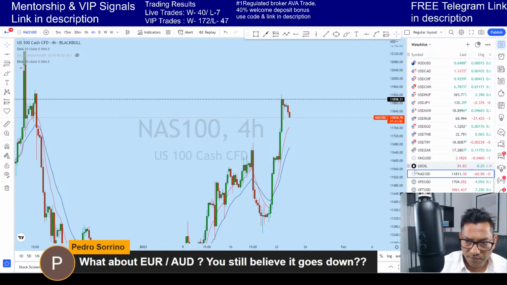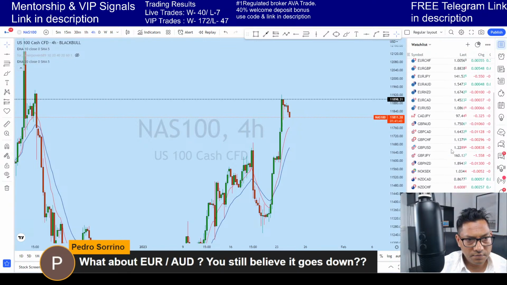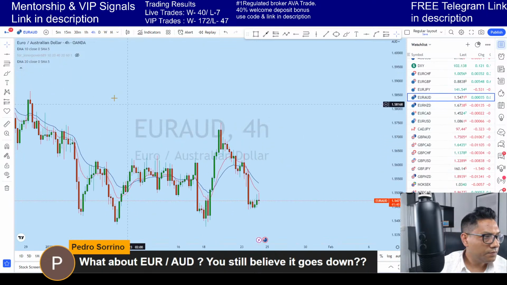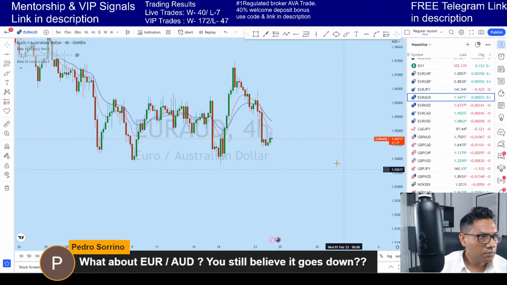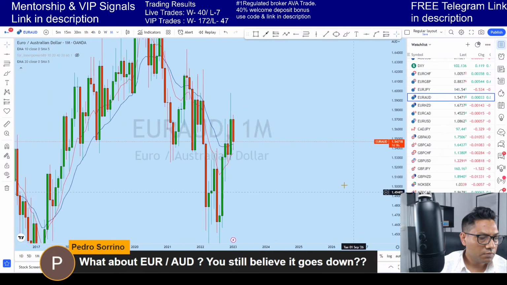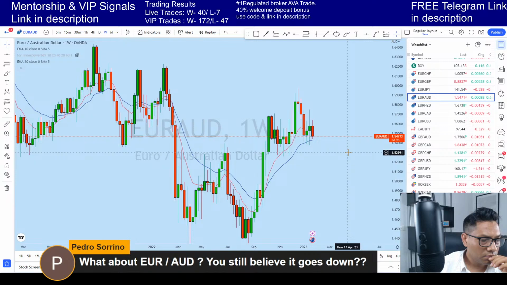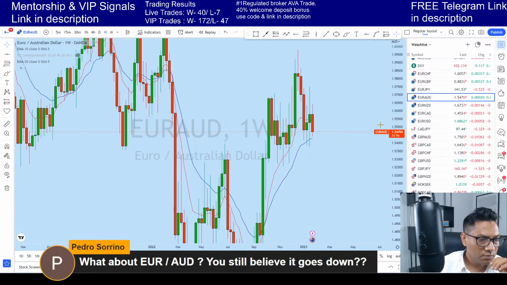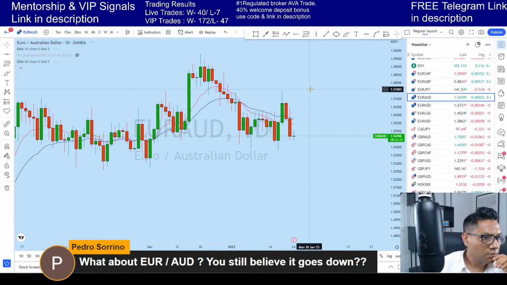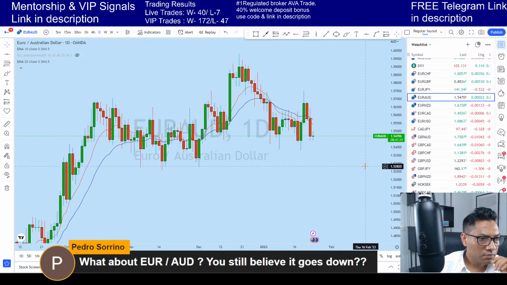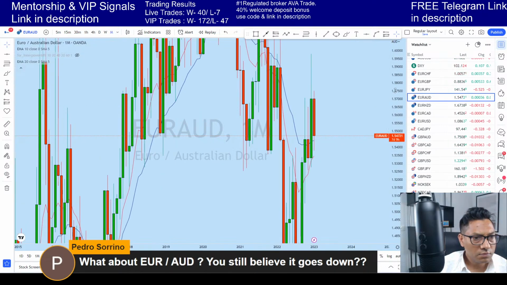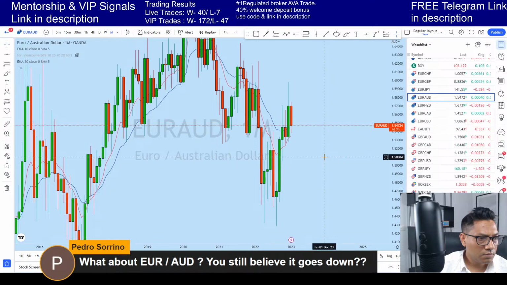Okay, so Euro AUD. Let me look at it. If you look at the monthly on Euro AUD, we see a rejection from the monthly, and then the price slowly coming back down.